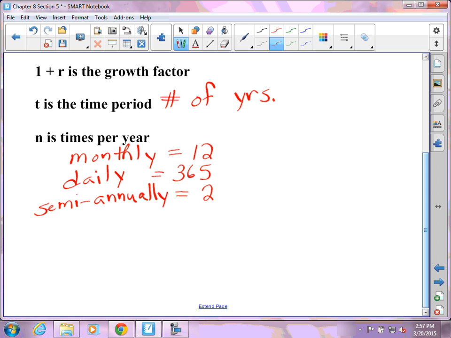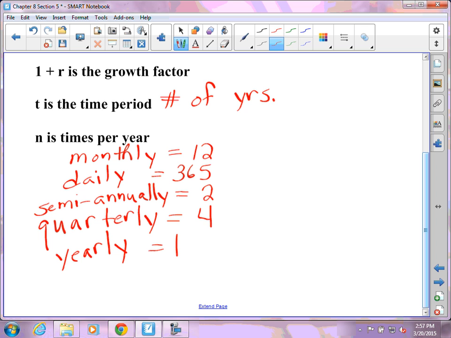And if they talk about quarterly, think quarters, there's 4 quarters in a dollar. And if they talk about yearly, you're going to put in a 1 because it happens 1 time per year. Right? So you need to remember that when you're doing these problems. Most students have difficulty in these areas.